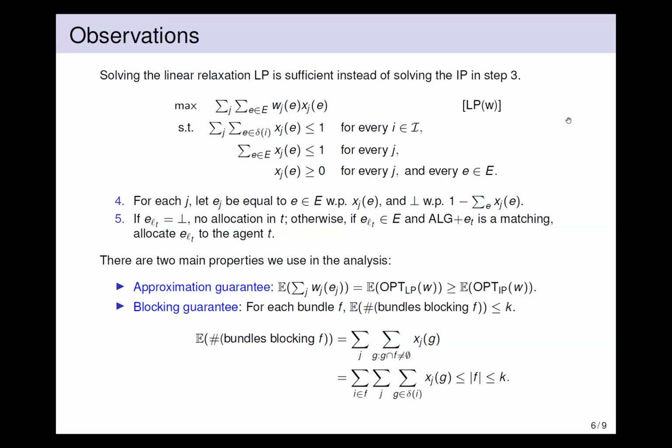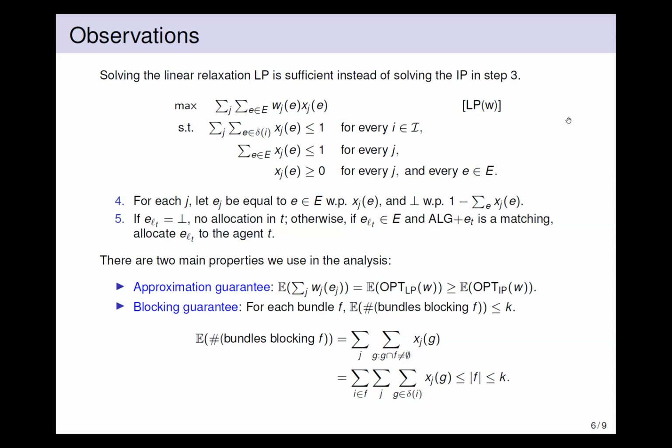So this is exactly the same as having one extra variable per agent saying that you allocate nothing, and then in the LP, you put equality, right? It's the same. So then essentially here I'm doing just independent sampling, with replacement, nothing more.